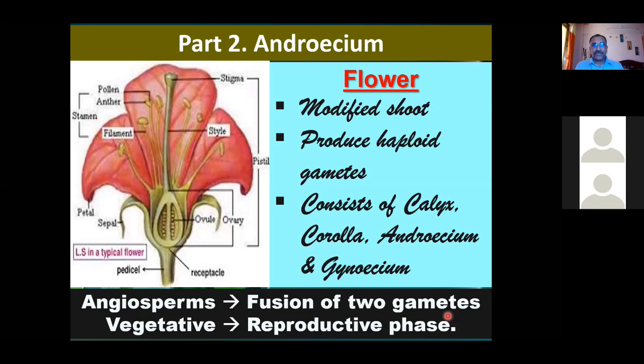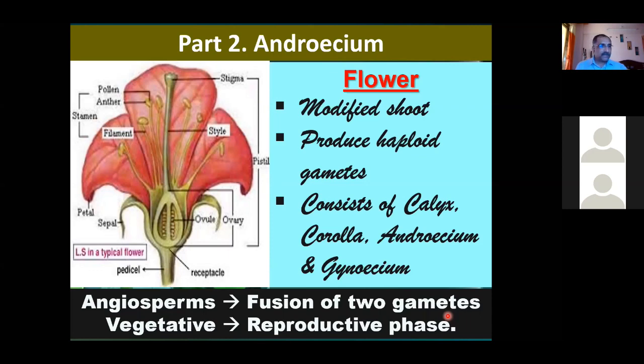That stage of the angiosperm we call the vegetative phase, or simply the juvenile phase. But gradually the plants grow up and enter the second phase of their life, called the reproductive phase. When they enter the reproductive phase, they start producing flowers.